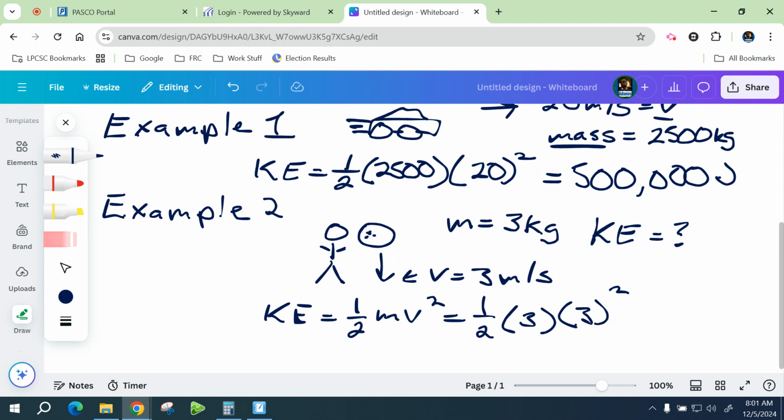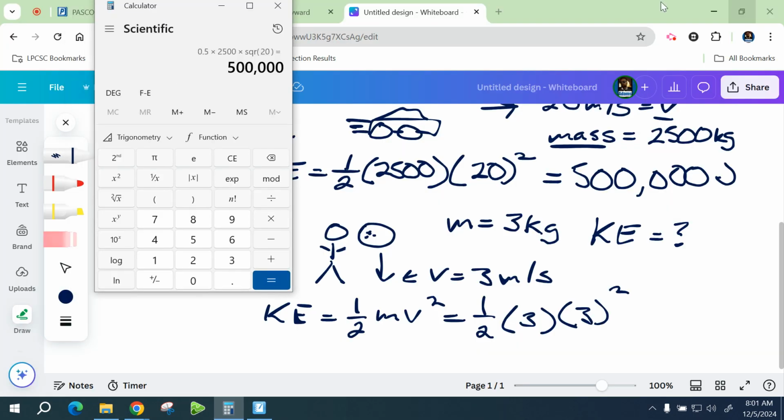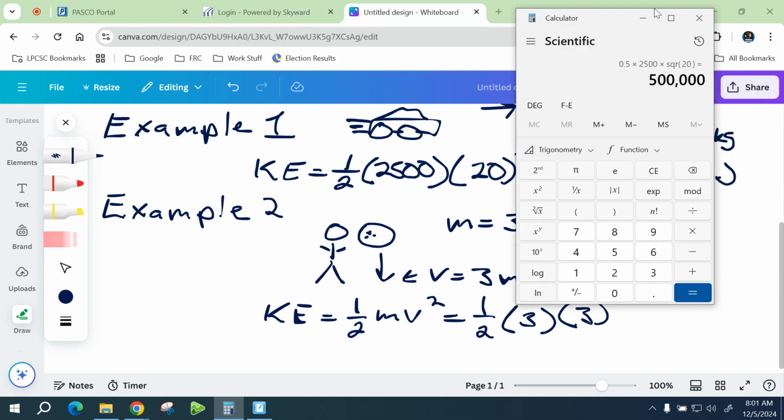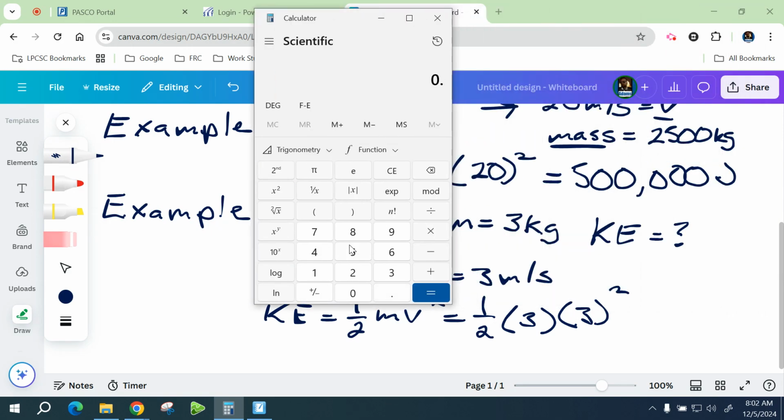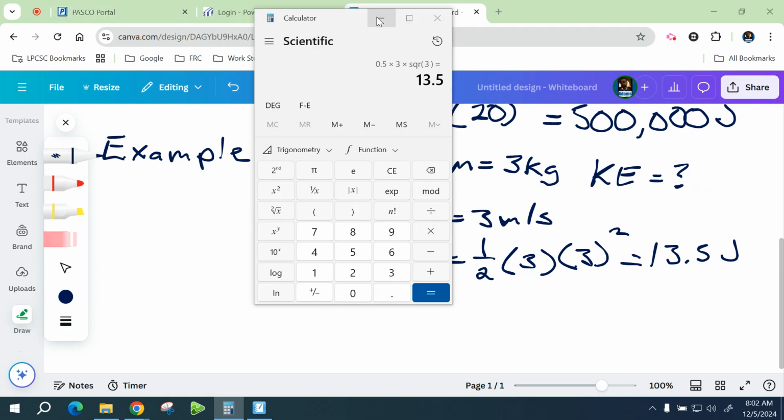So if we plug that in my fancy calculator, that's an awfully big calculator. So I'm going to say 0.5 times 3 times 3 squared. So I get 13.5. 13.5 what? Joules. Okay. So that's basically how you would do that.